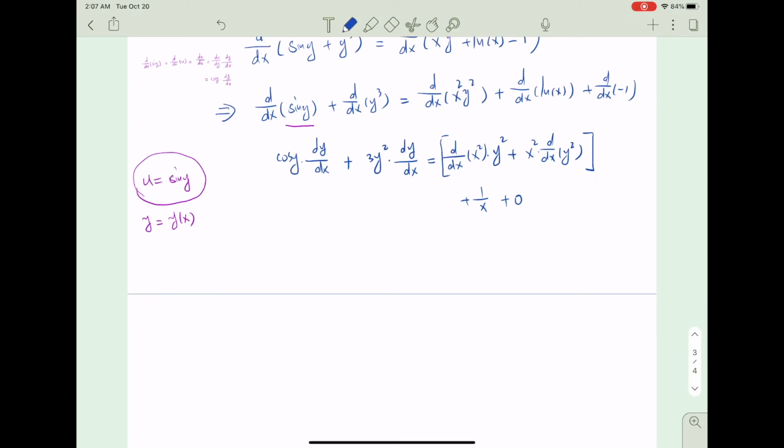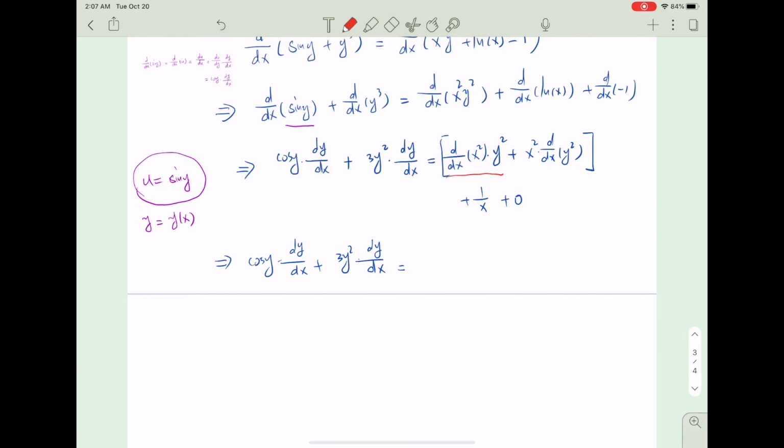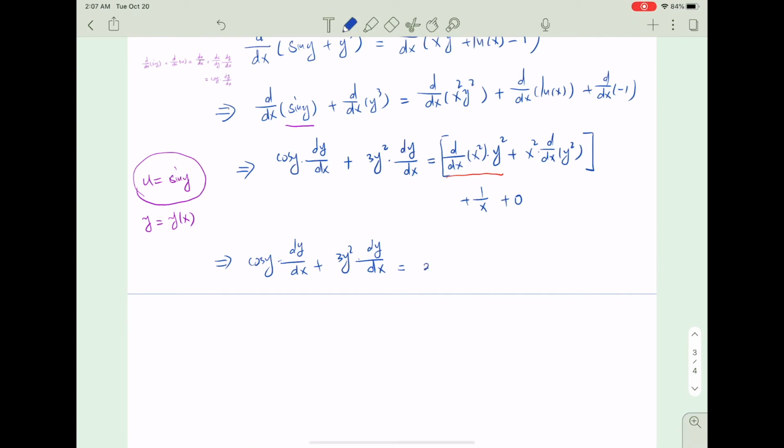So continue to work this out. Cos of y times dy over dx plus 3y squared dy over dx equal to the first term here, which is going to be 2x times y squared plus x squared times d over dx of y squared.